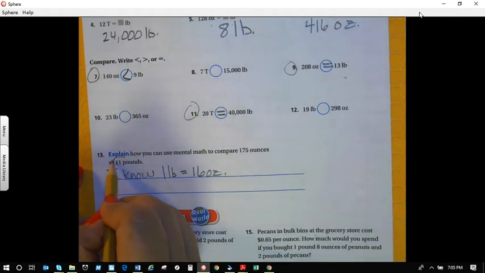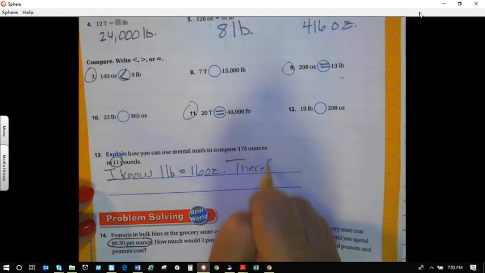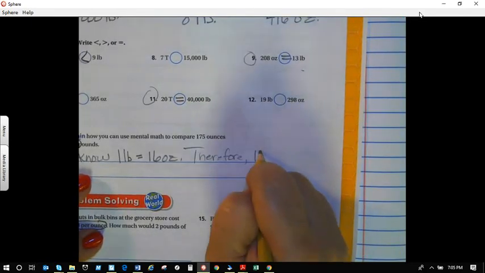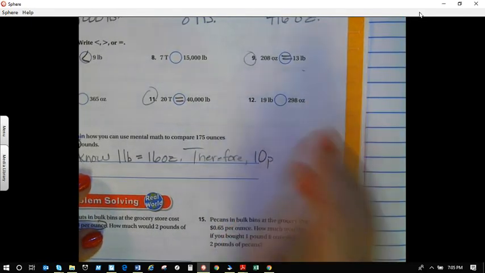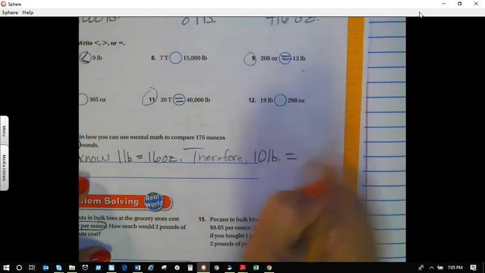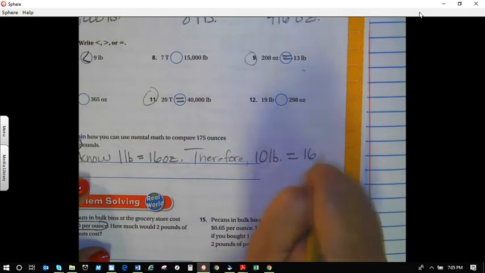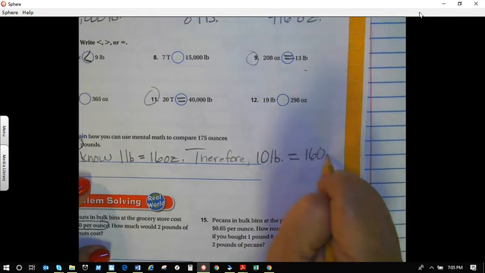Now this is 11. Therefore, so if that's the case, then 10 pounds, I'm going to put LB, is equal to 10 times 16, 160 ounces.